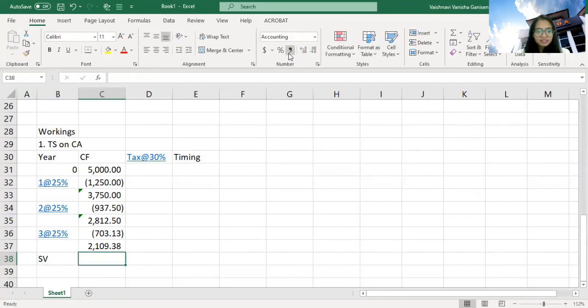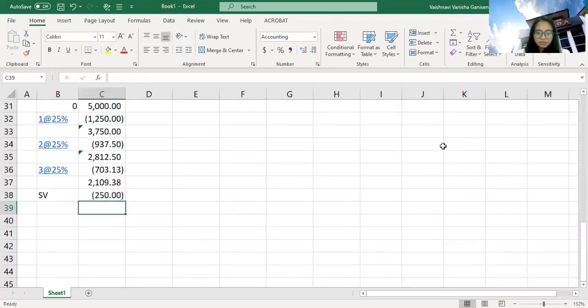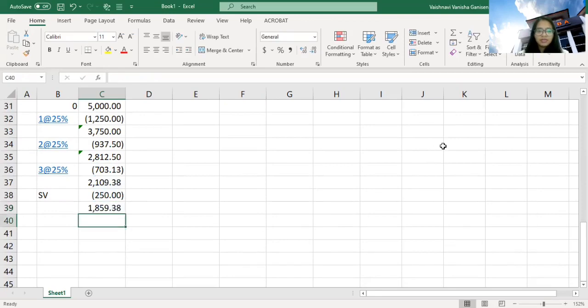And then you have a scrap value. Your scrap value, just now you calculated it as $250. Let me double check. Yes. And then you total up your net book value from year 3 with your scrap value. So this is your year 4 figure, which is also your balancing allowance.